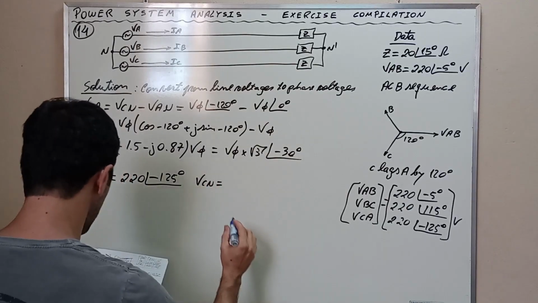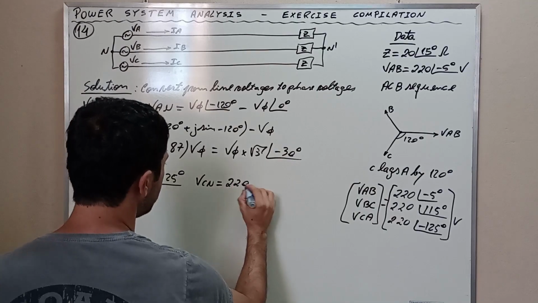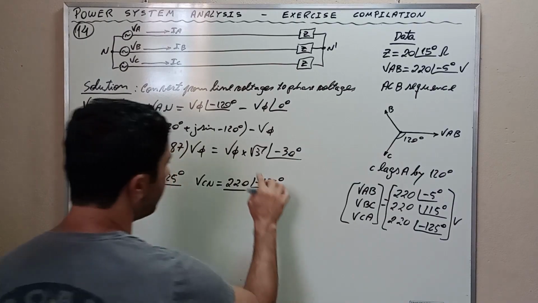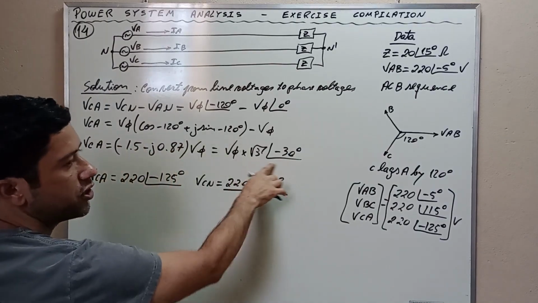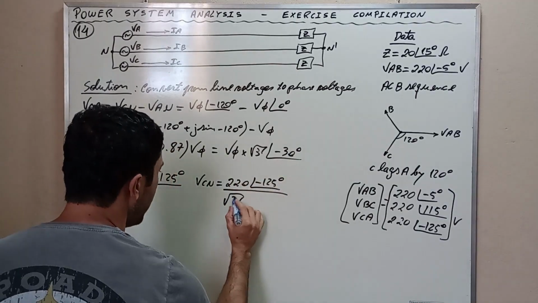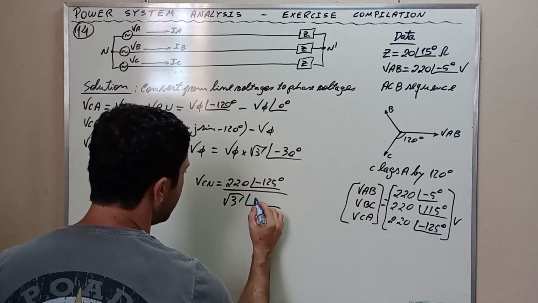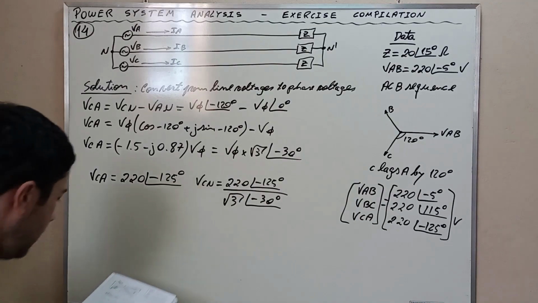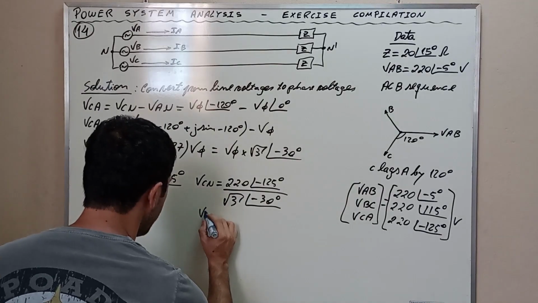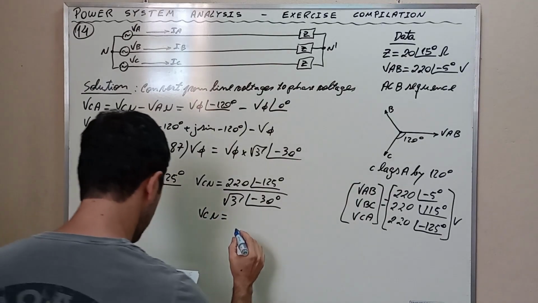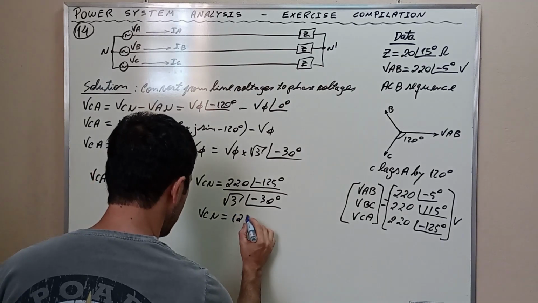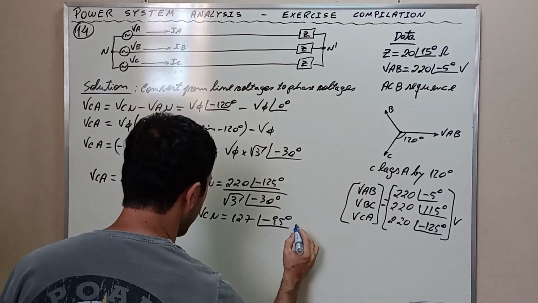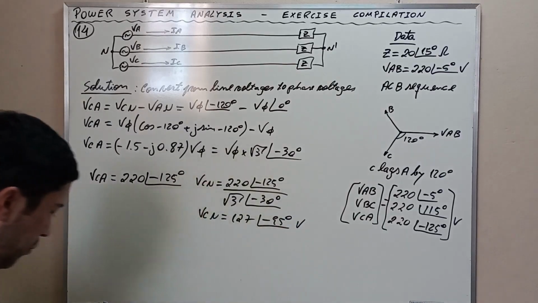VCN is going to be equal to 220 phase negative 125 degrees divided by the conversion factor, which is the square root of 3 phase negative 30 degrees. Okay? And in this way, VCN is equal to 127 phase negative 95 degrees volts. Okay?